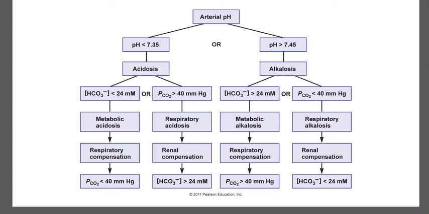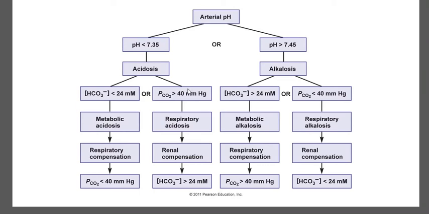So because bicarb is low in the blood, it is because of the low bicarbonate that you have the acidosis. So that type of acidosis is metabolic. Bicarbonate always goes with metabolic. Carbon dioxide, partial pressure always goes with respiratory, right?